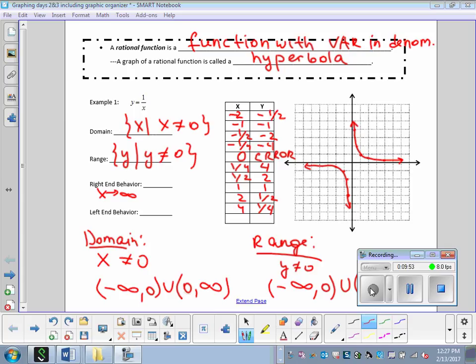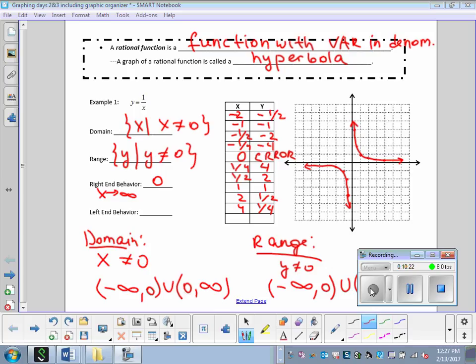So you see, I'm increasing my x, 1, 2, 4, my y becomes 1, 1 over 2, 1 over 4. As x goes to 1000, y will be 1 over 1000. As I increase x more, y is 1 over x, so it gets closer and closer to 0. It will never reach it, but the right end behavior is 0. Y gets closer and closer to 0.